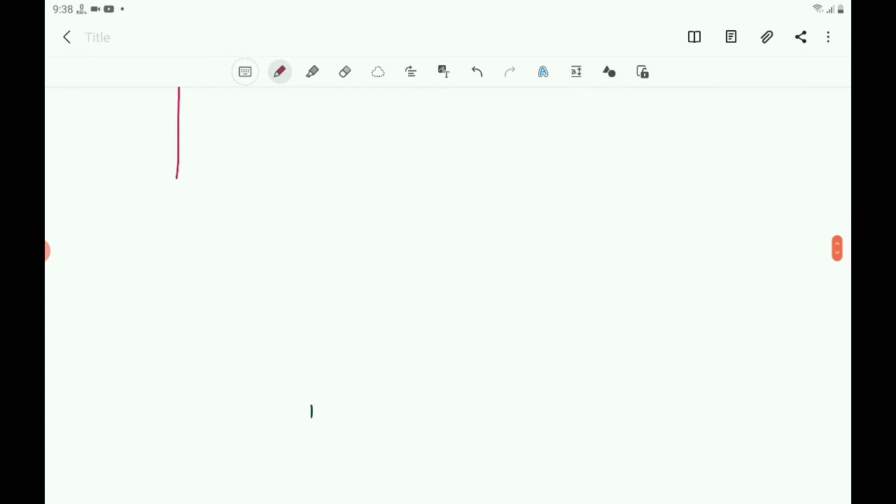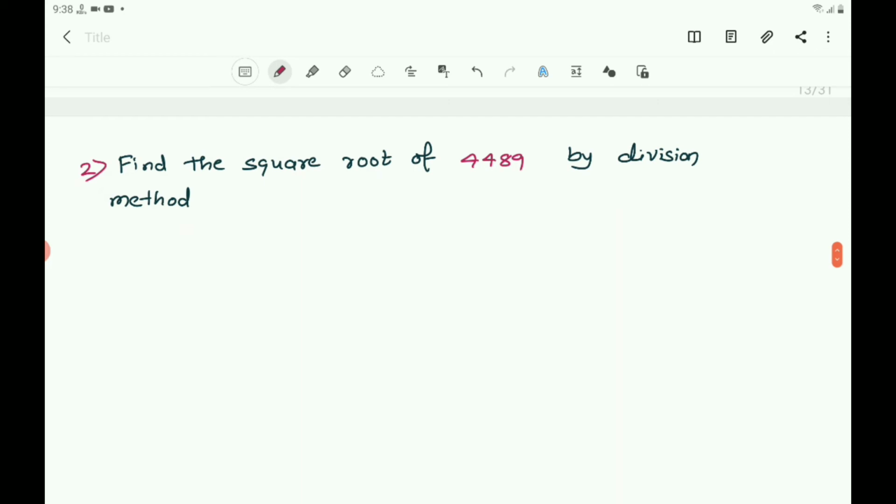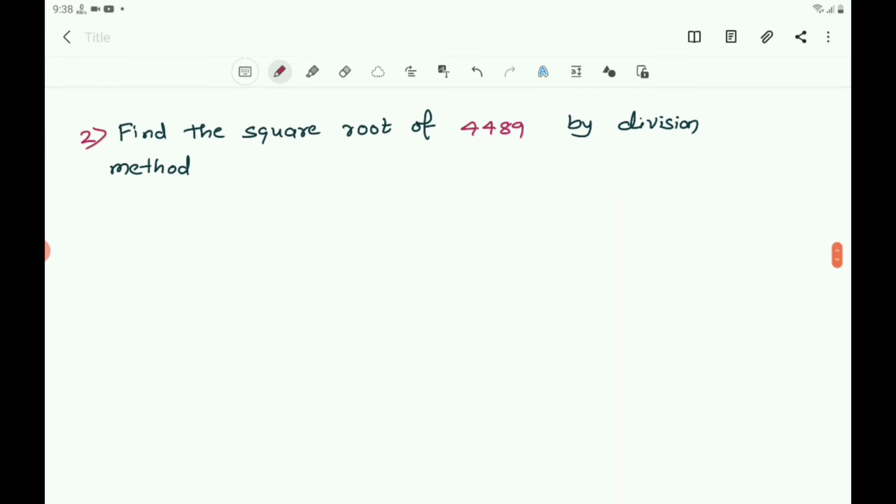Next let us take the second one. The number is 4489. Find the square root of 4489 by division method. Take that number 4489. Again we have to make groups of 2 digits.